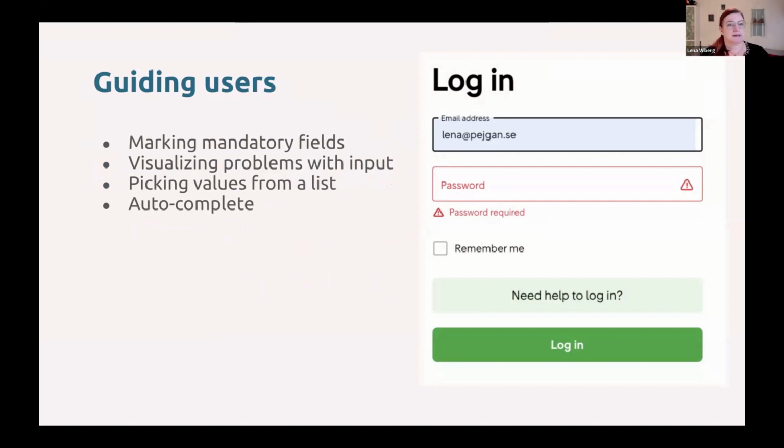So things like marking mandatory fields, marking fields with different problems with red or icons, forcing users to pick values from a list instead of inputting values themselves, because then we'll have spelling mistakes and different types of writing a name or something, and we will have duplication. In the example here, you see a red marked password field with password required. This is a typical way of guiding our users.